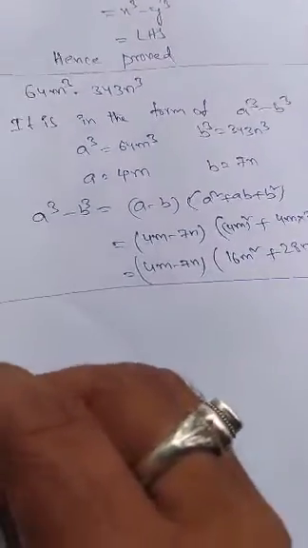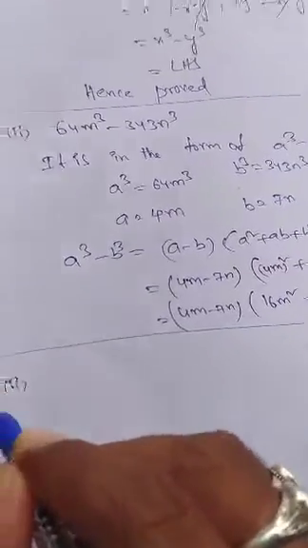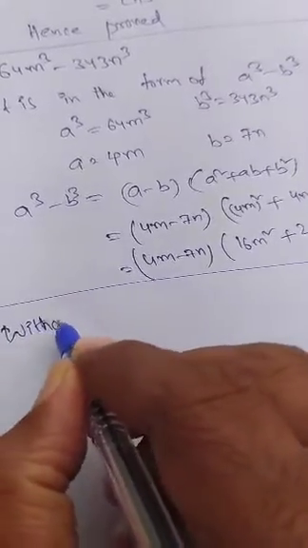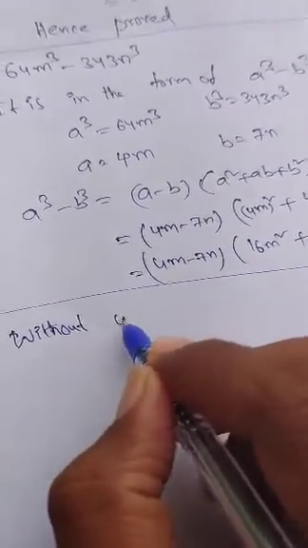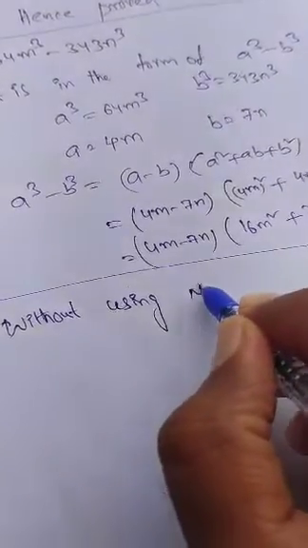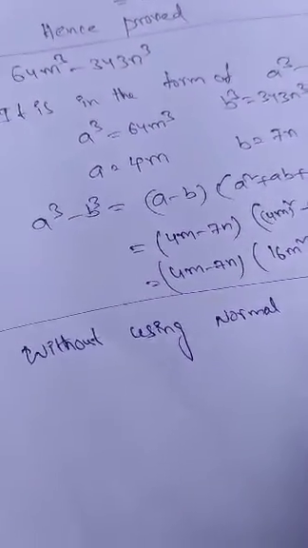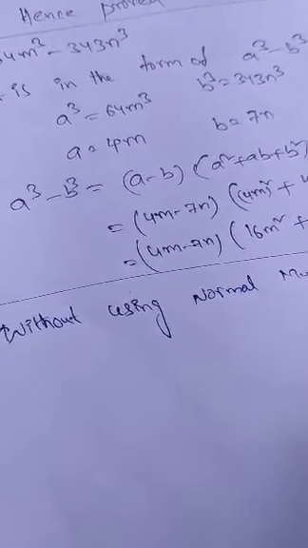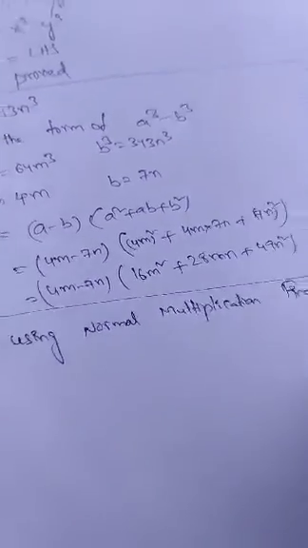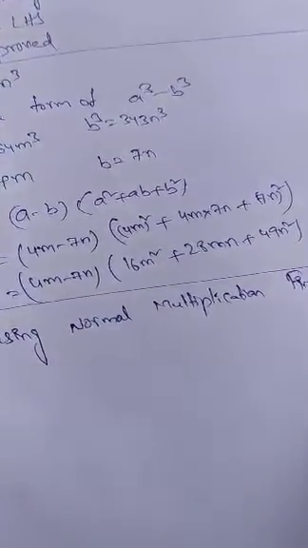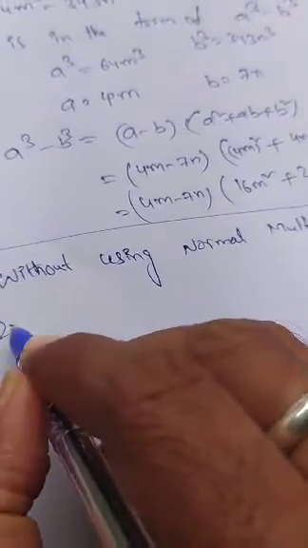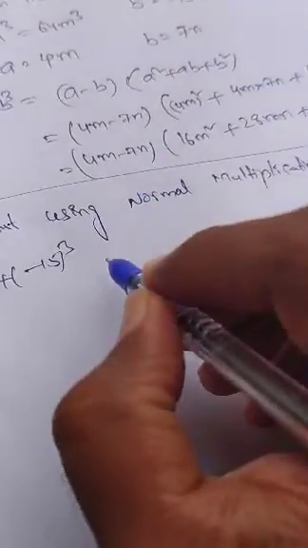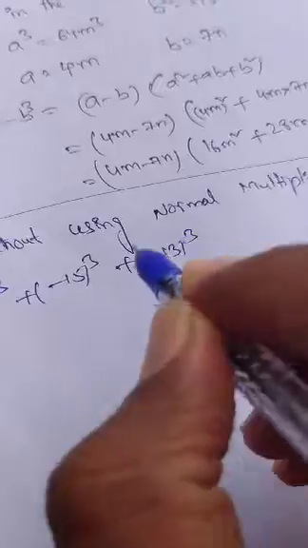Okay, next question, students. 14th bit, second one. Without using normal multiplication, find the value of 28 whole cube plus minus 15 whole cube plus minus 13 whole cube.